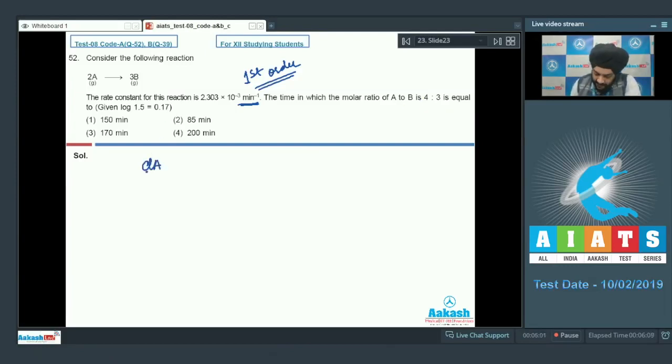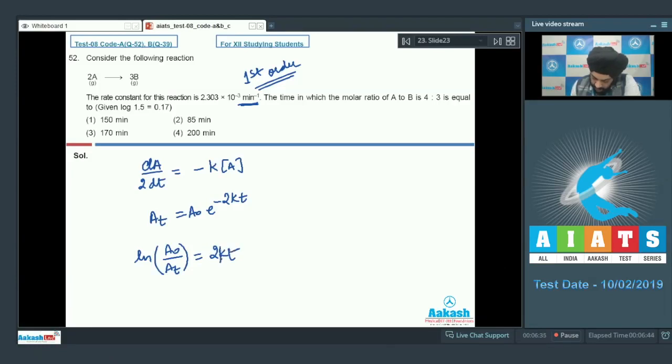So we have -d[A]/2dt shall be equal to k times the concentration of A. So this on simplification will give us A_t = A_0 e^(-2kt), or we can say that ln(A_0/A_t) shall be equal to 2kt.